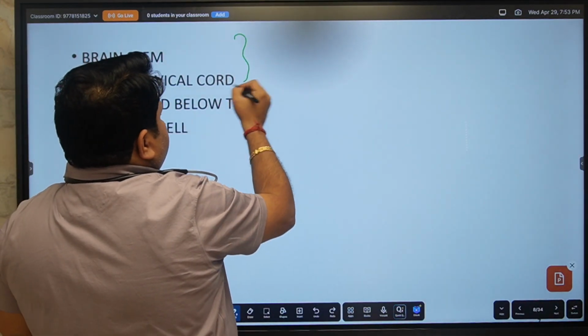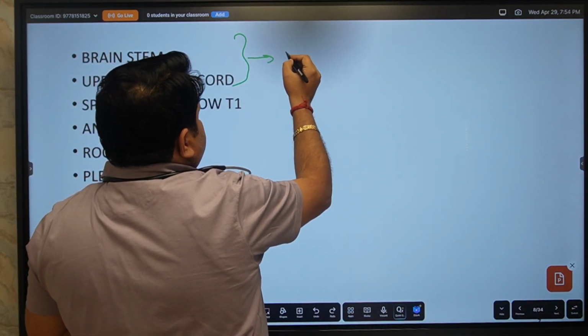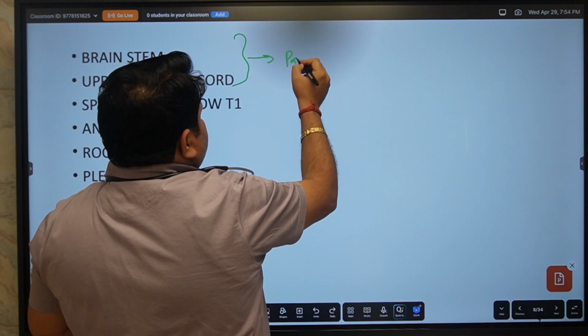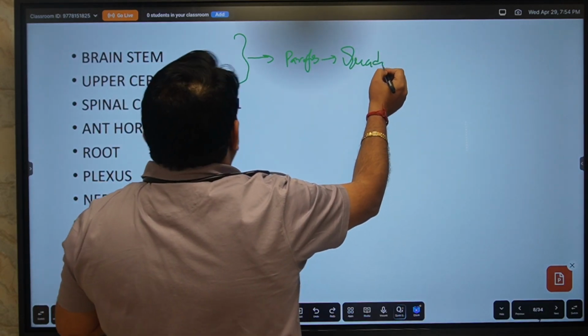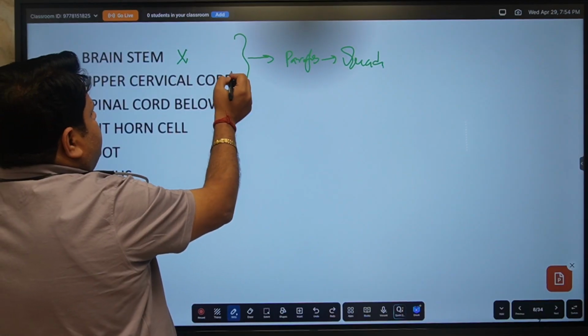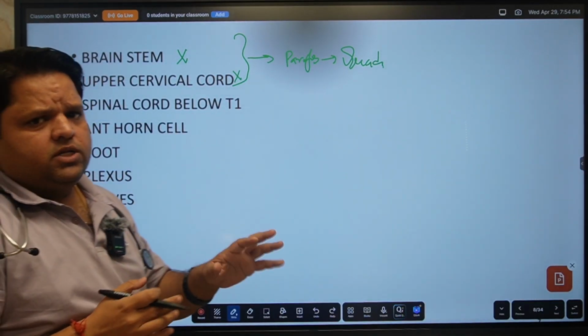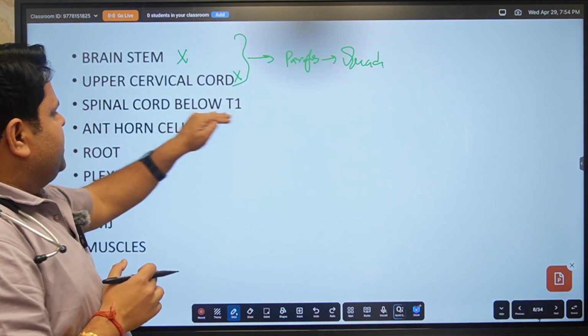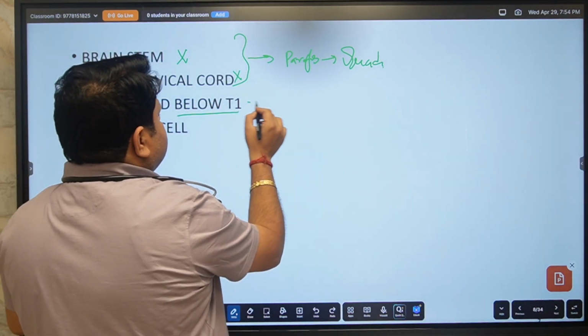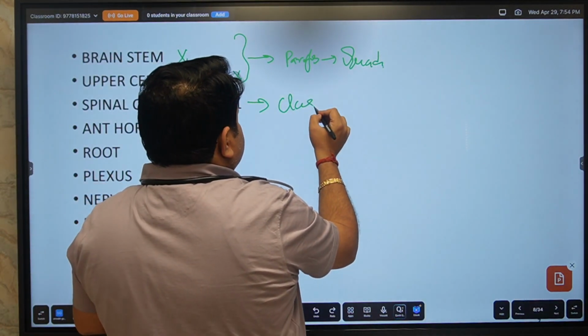As I discussed, these areas usually do not cause paraparesis; sometimes it may be paraparesis, but it progresses to quadriparesis. So we don't go into detail on the brainstem and upper cervical cord, because these areas do not cause classical paraparesis. A spinal cord lesion below T1 is the classical paraparesis.